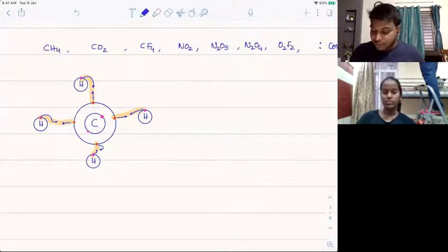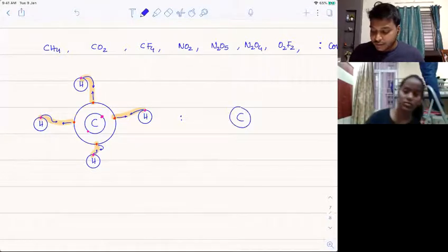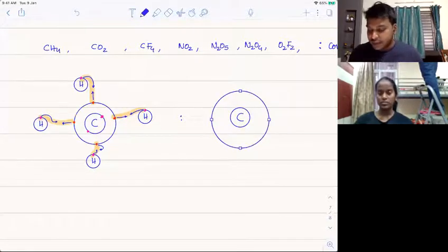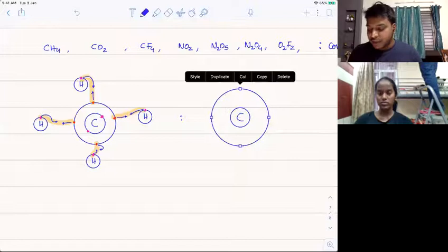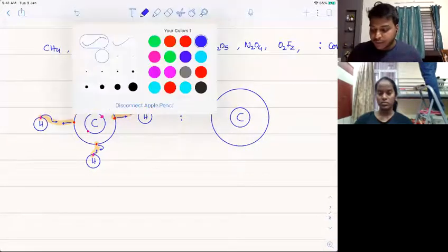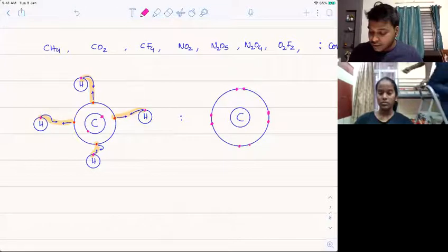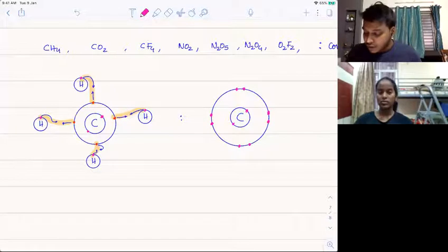So now carbon would have a status something like this. Carbon has first orbit. First orbit has no involvement in the bonding. But now, if you see the second orbit here, this is the second orbit of carbon. It now has two electrons here, two electrons here, two electrons here, and two electrons here. These two are not participating, which were in the first orbit. And this is hydrogen's first orbit.